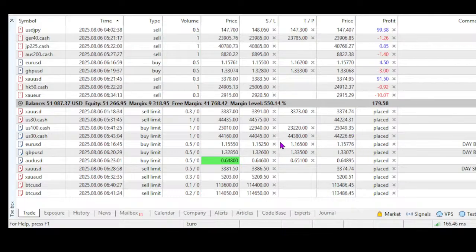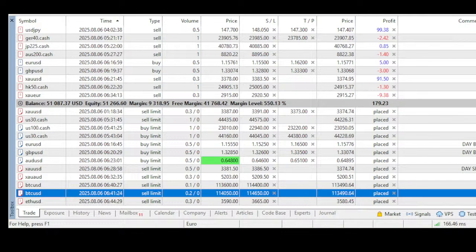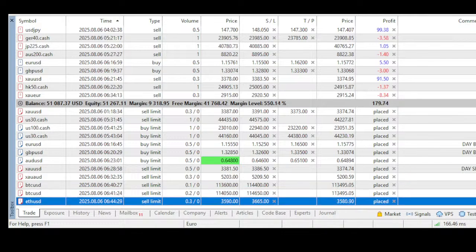The TP I'll work out later. So this is going to be your 3590. Okay, the 3620, I think we will work out later.